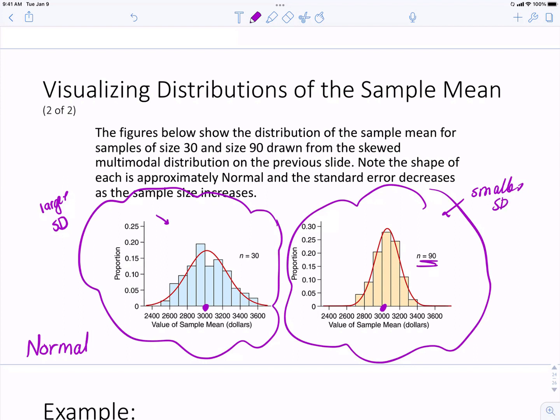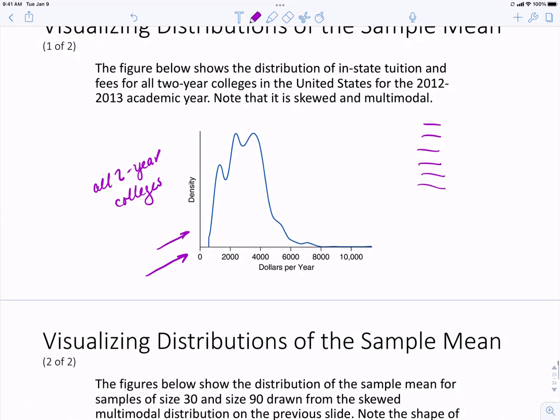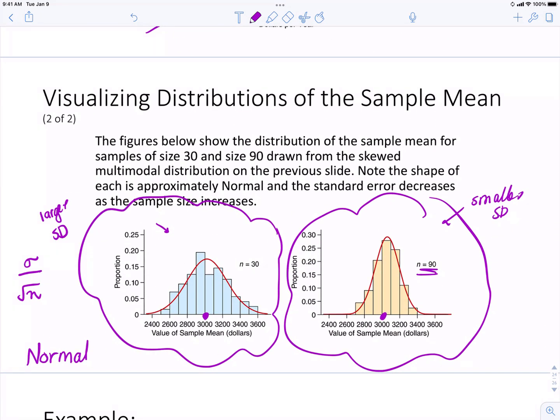The way these standard deviations are computed is by the standard deviation of the population divided by the square root of your sample size. In this first case, we're taking the population standard deviation and dividing it by the square root of 30. In the second case, we're taking the population standard deviation and dividing it by the square root of 90. So you can see that this number here is a larger number than this number here.